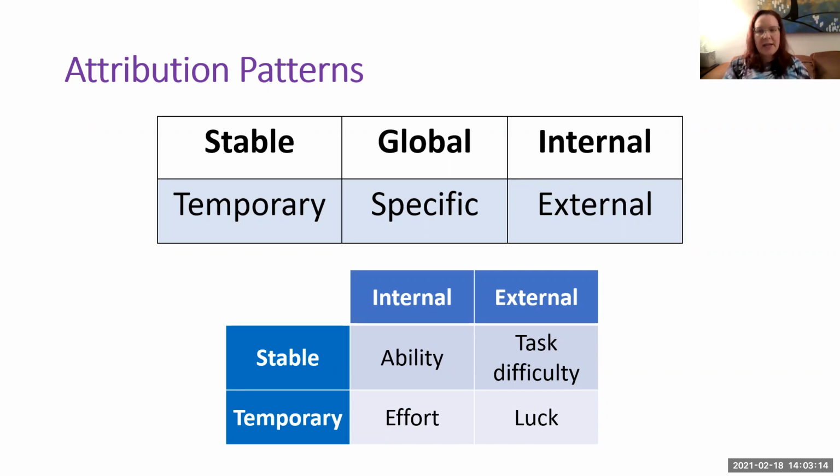And on the outside, we've got the idea of a temporary external cause, which could be like doing really well on a math test because of just luck. A person who explains their behavior or somebody else's behavior in temporary and external terms is saying that whatever this outcome was, the explanation for what they did was just randomness.